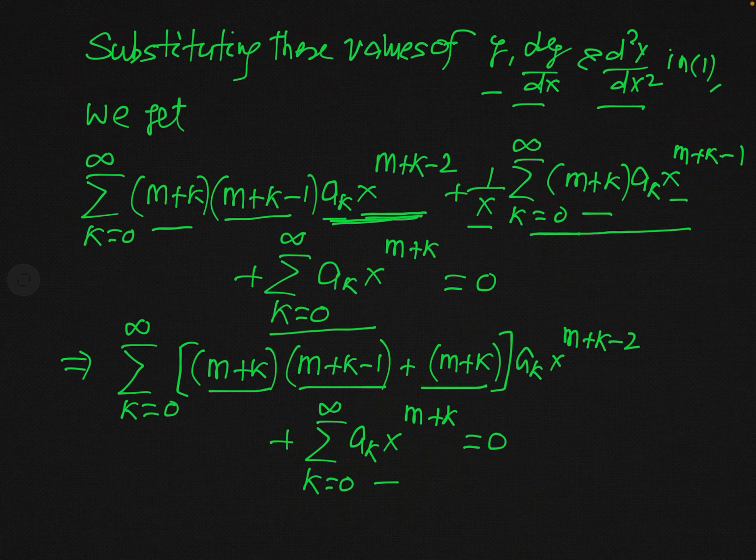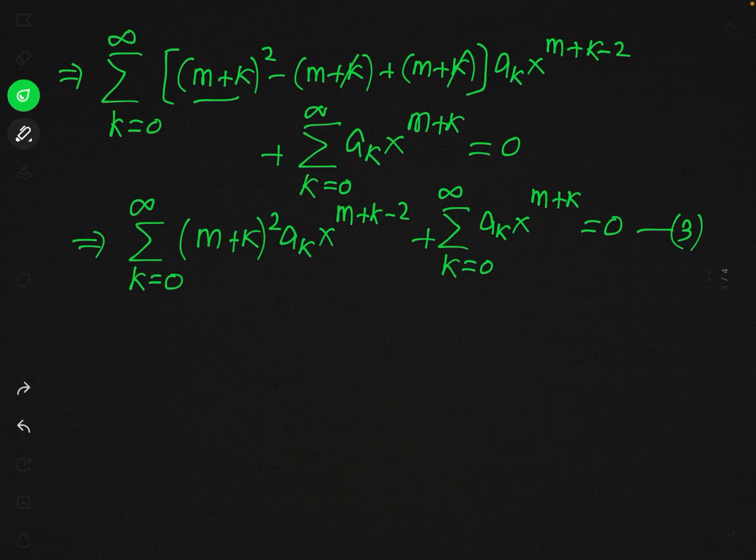Now when we multiply this (m+k) with this (m+k), there will be (m+k) whole square, and when you multiply (m+k) with minus 1, that will be simply minus (m+k). So the simplification is (m+k)² minus (m+k) plus (m+k), times a_k x^(m+k-2). Now this (m+k) is minus here and plus here, so they cancel out, and our result will be (m+k)² a_k x^(m+k-2) plus the last term which is written here as it is.